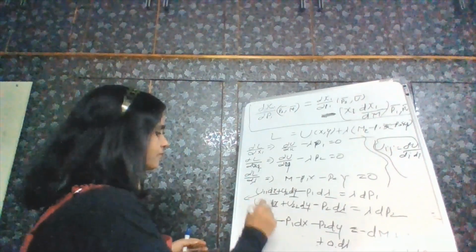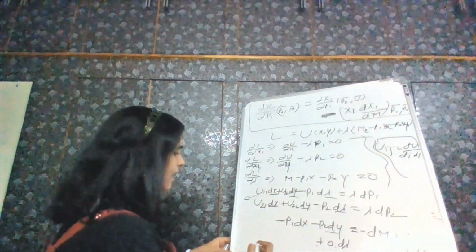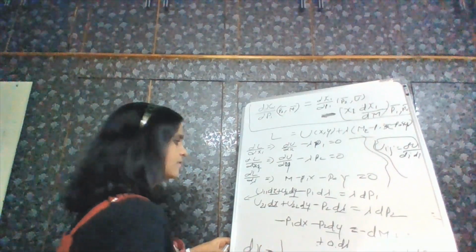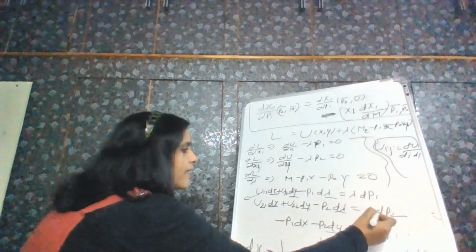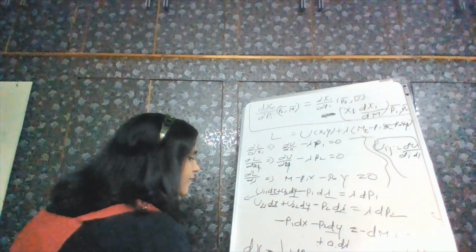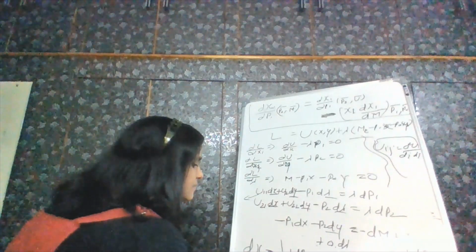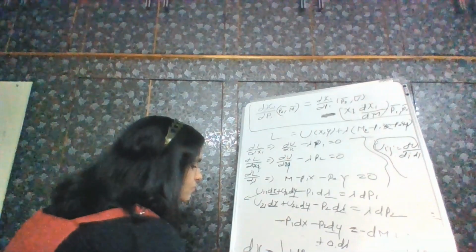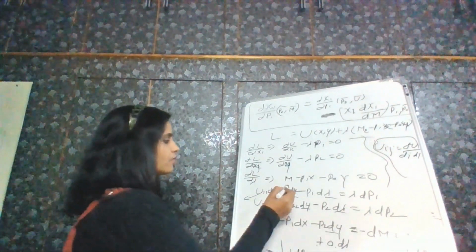So what would be your dx according to Cramer's rule? What we have seen. So dx will be, you will look into this third column, which is lambda dp1, lambda dp2 and minus dm plus x dp1 plus y dp2 as the constant, and then we'll put the y coefficient here.